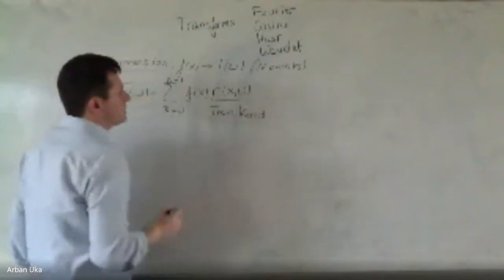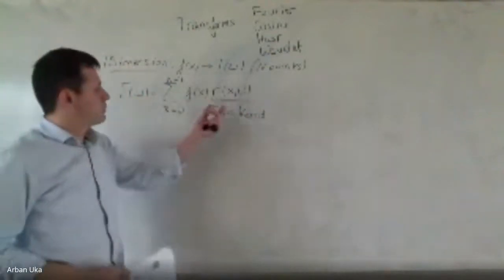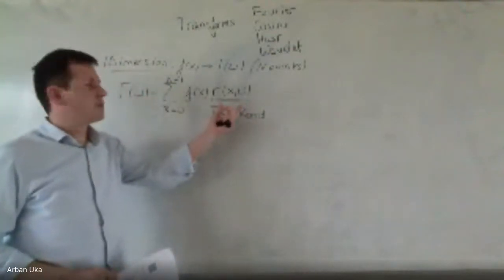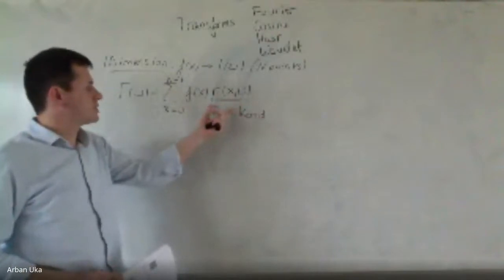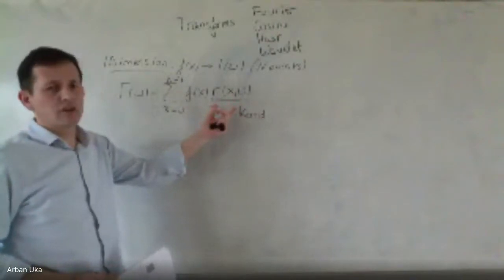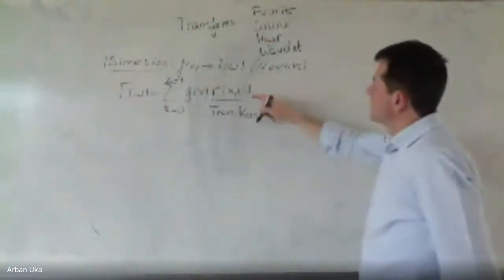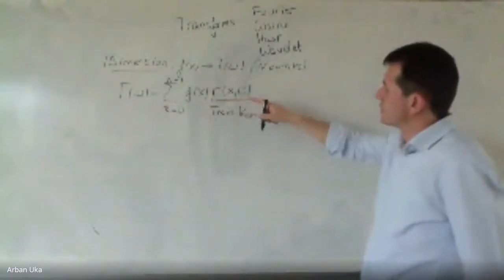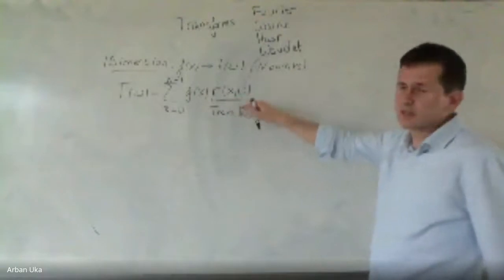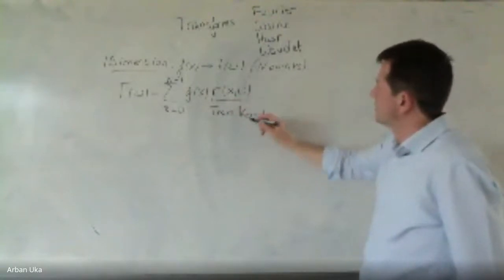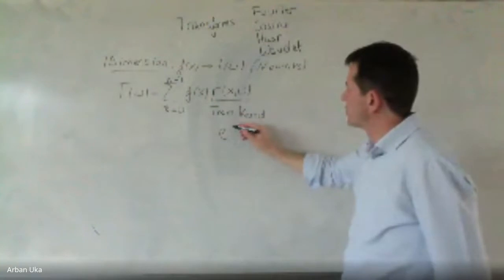This is the function which causes what I can call, though it is not the best term, the mixing kernel. If this was the Fourier transform, the kernel, you probably remember such a term, e to the power ikx.